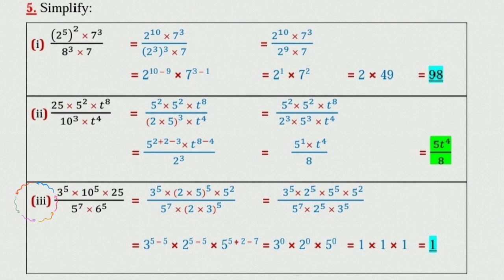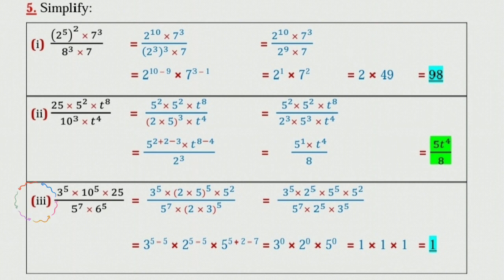Third one: 3^5 × 10^5 × 25 upon 5^7 × 6^5. Now simplify some terms. First, 10^5 is equal to (2 × 5)^5, 25 is equal to 5^2, and 6^5 is equal to (2 × 3)^5. Okay, now simplify this, that is 3^5 × (2 × 5)^5 × 5^2 upon 5^7 × (2 × 3)^5.